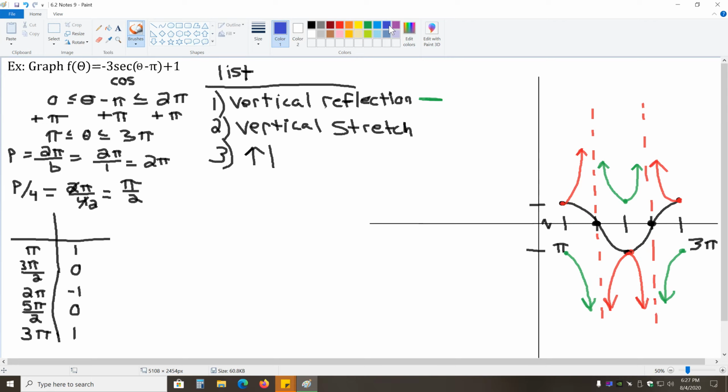Now we'll go ahead and switch to blue. We're going to apply a vertical stretch to the green graph where we just left off. So remember, everything gets stretched out long ways.